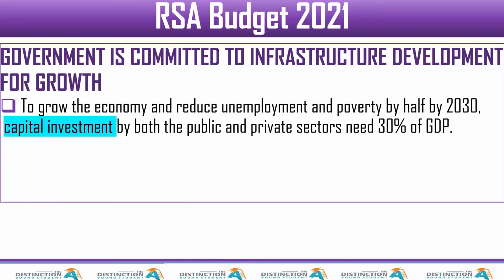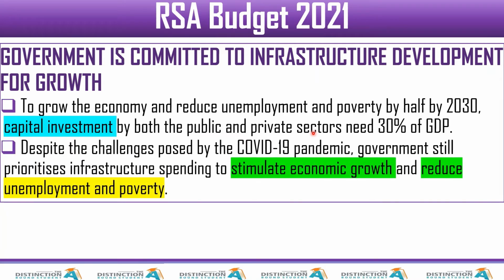All right, to grow the economy and reduce unemployment and poverty by half. I don't know how, and obviously this will be very, very difficult. By 2023, capital investment, again, that thing, by both the public and private sector. So obviously they'll have to work hand in hand.